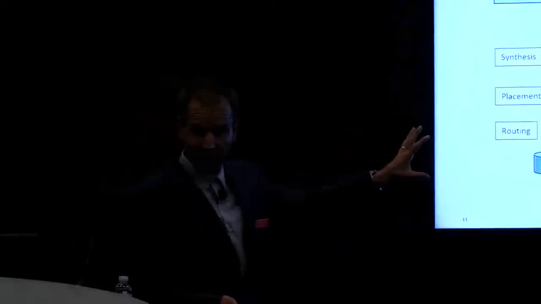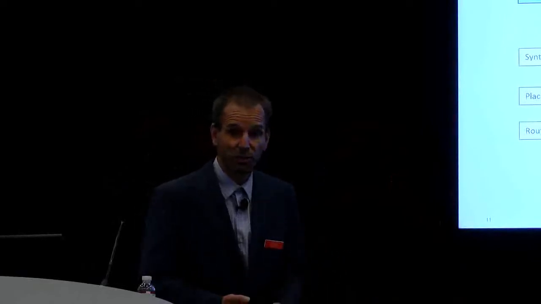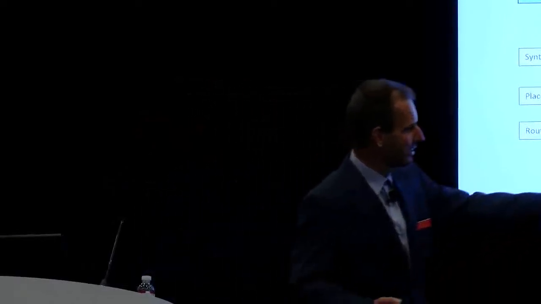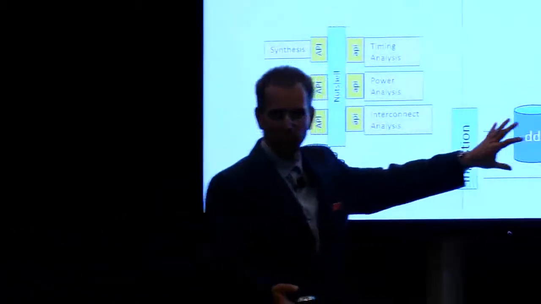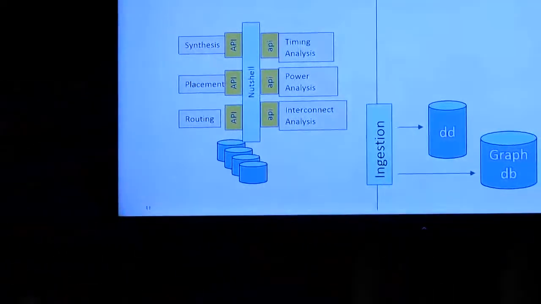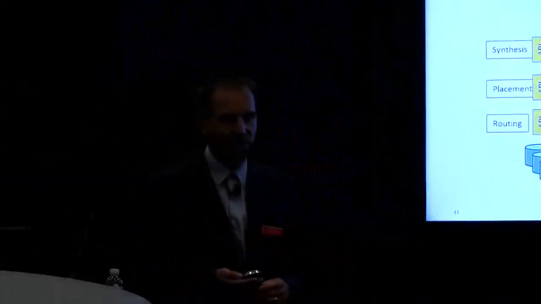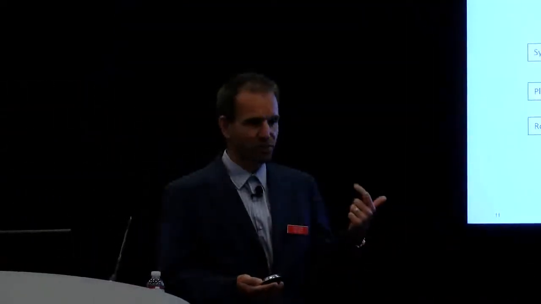We didn't want to touch this too much at the start, because we have a huge environment that's running and producing data every day and every minute. So we started to supplement it with some other key data structures. One is DD, for design data, which is a very fast read-only data structure for all your netlist and physical data, down to individual shapes.